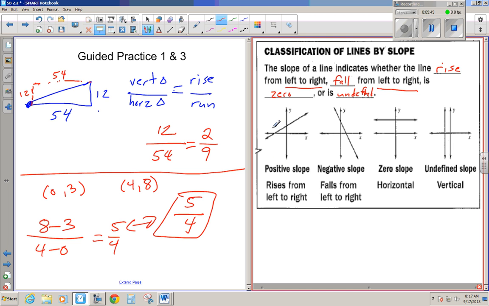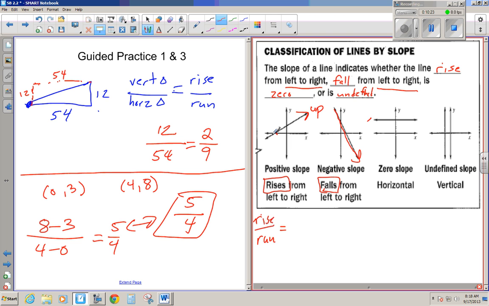So this right here, if it rises, just think about the arrow. When you're reading this graph, the arrow is pointing up. So that's why you would say it rises. If it's negative, when you read this graph left to right, you see the arrows pointing down, so it falls. Let's look at rise over run for this.